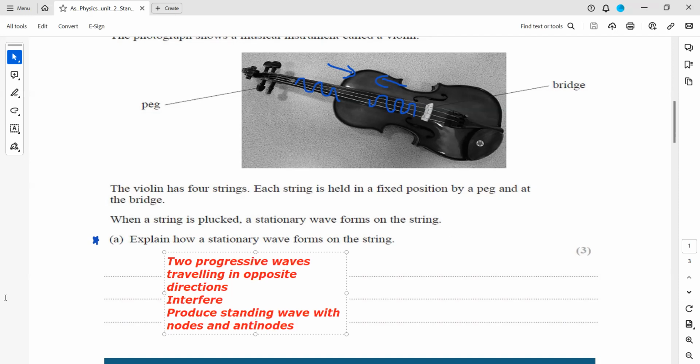Nodes are the regions where they cancel out the effect, antinodes are the regions where they increase the effect.